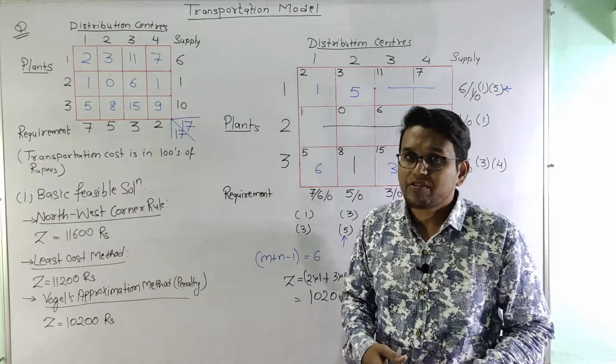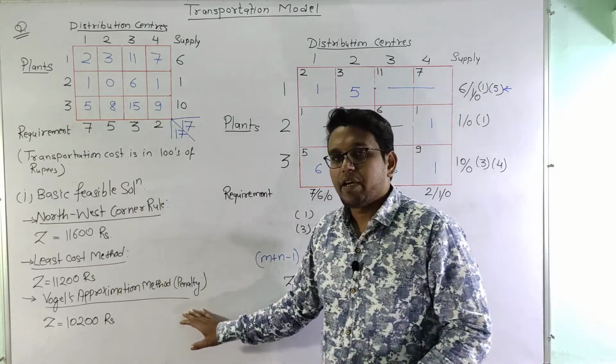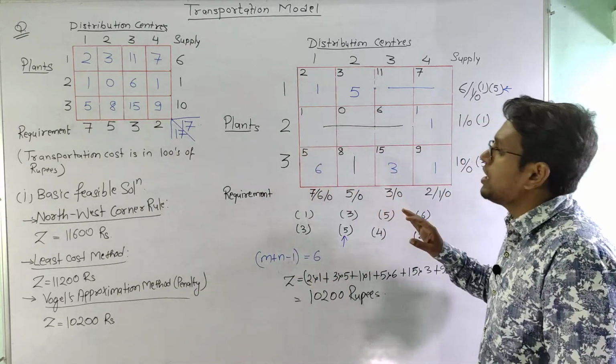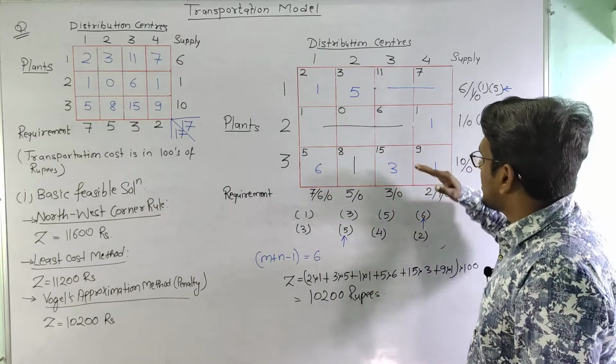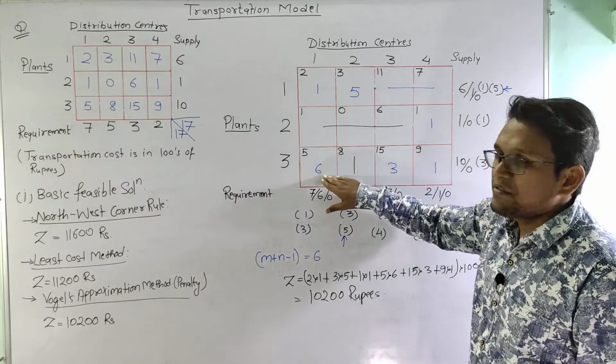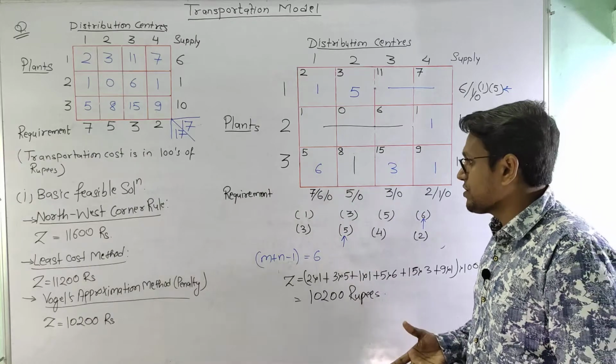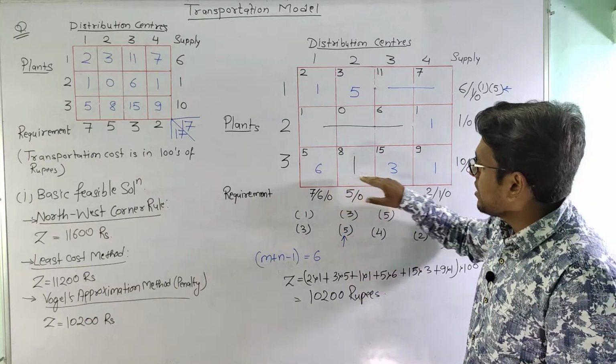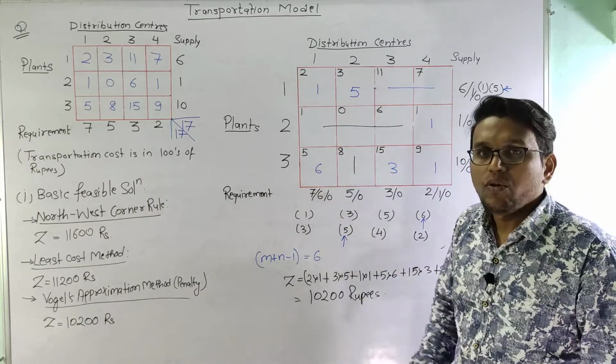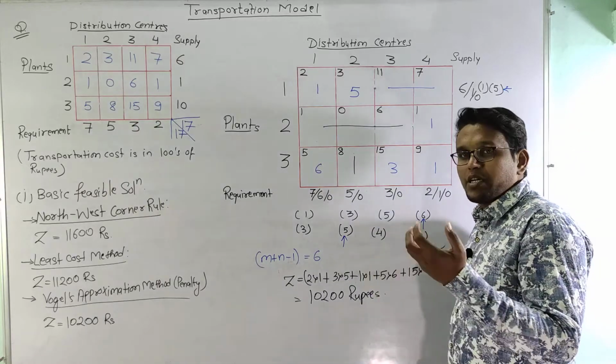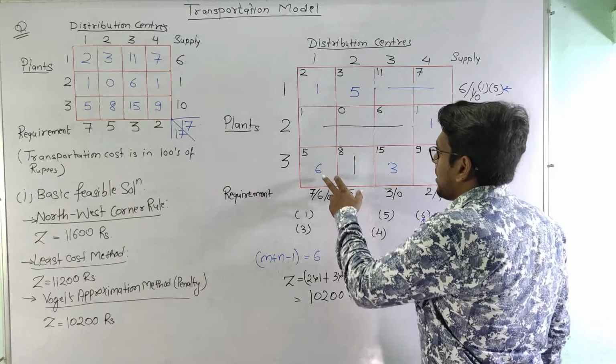But it is not compulsory that it will always happen, because as we can see in all the three cases the last allocations we have done are forced allocations, because in the last allocation we have only a single row and we do not have much choice in how to allocate.